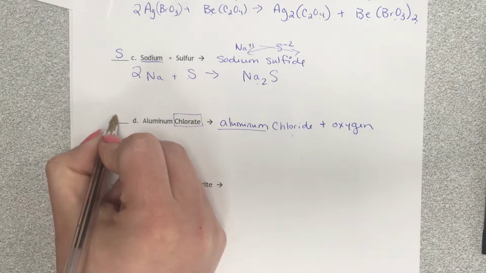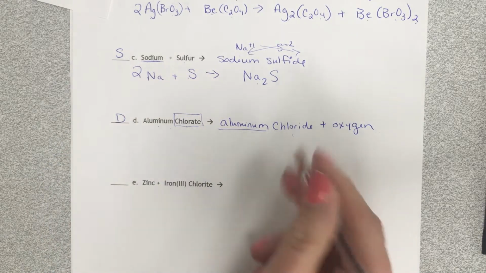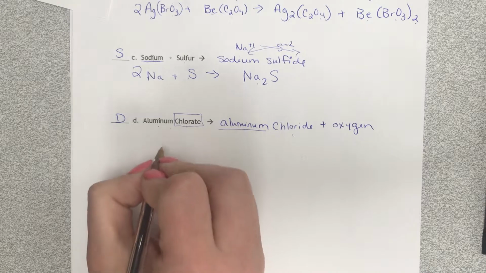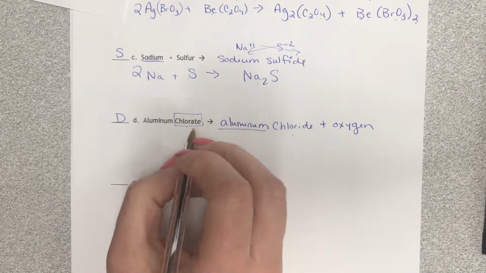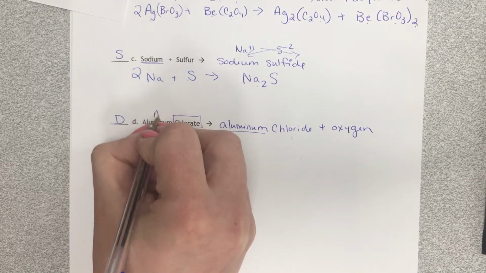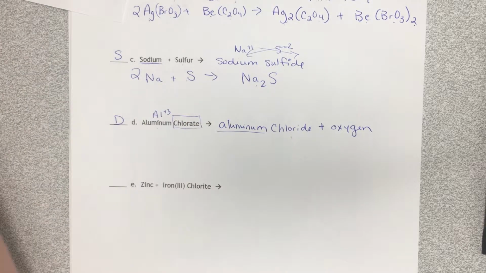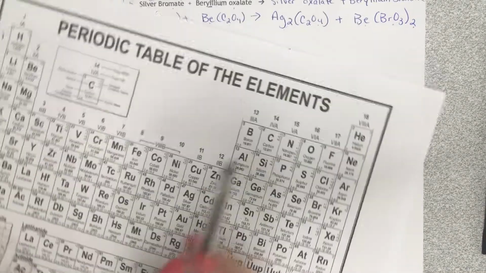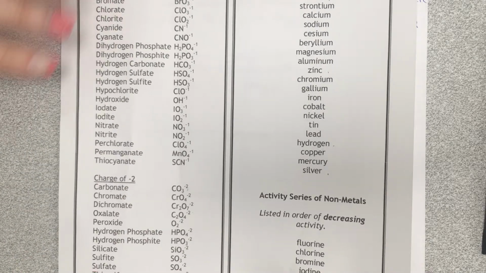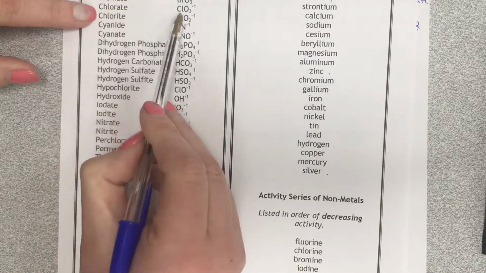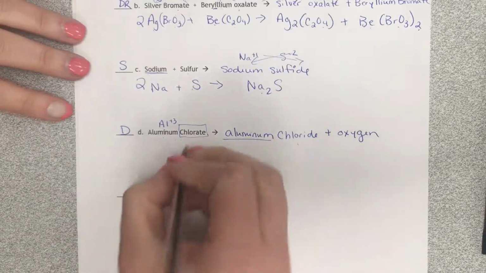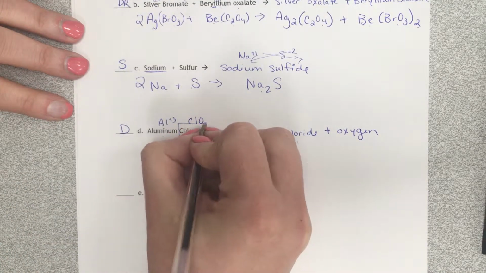I'm sorry I didn't write that down. This is decomposition. Now we have to bring it down and balance it. So aluminum chlorate. Aluminum is Al plus 3. I know that from the periodic table right here. Okay. Then we have chlorate, ClO3 minus 1.